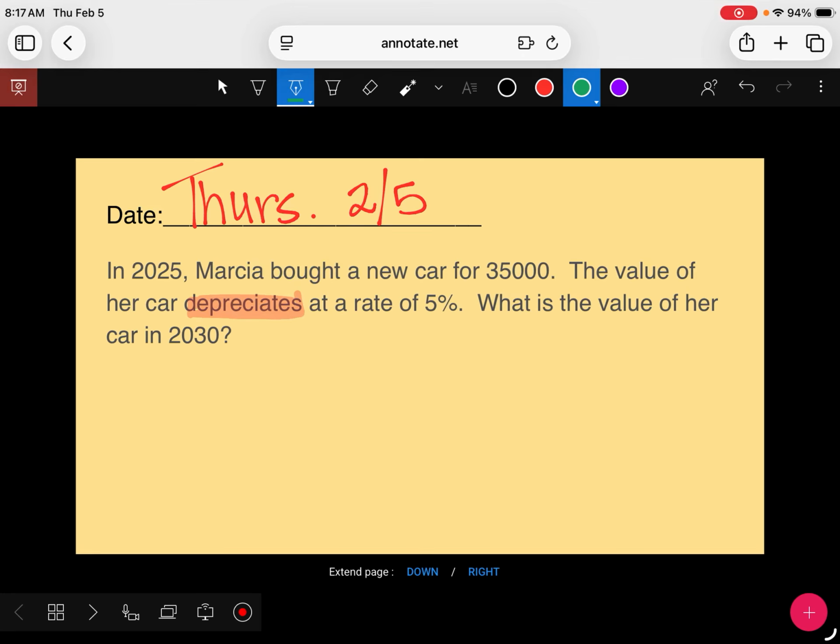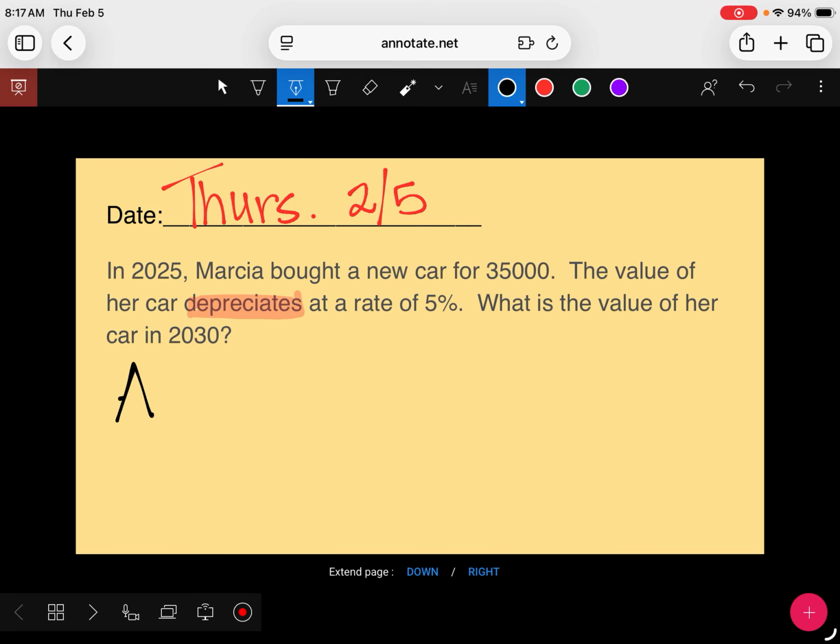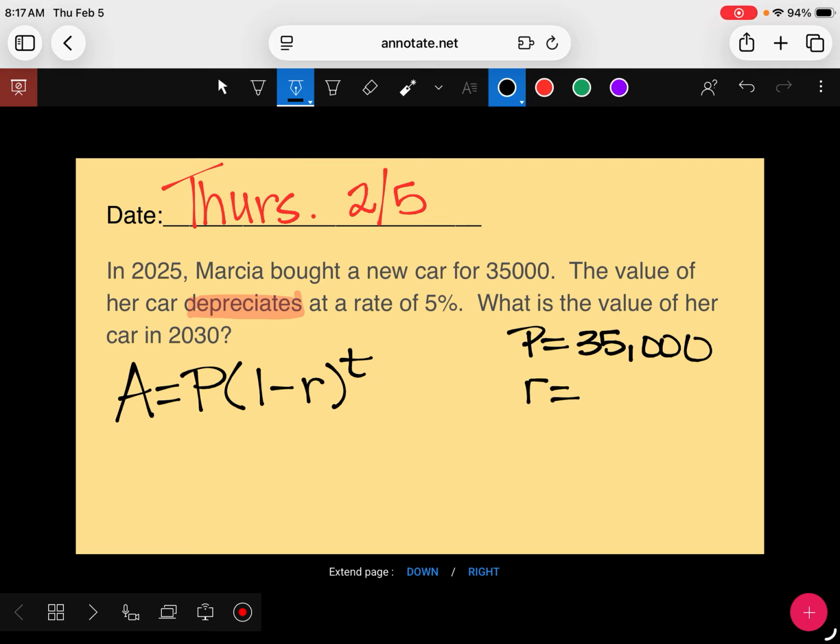Because it is decreasing, formula B is A equals P(1 minus R) to the power of T. In this formula, our starting value of the car was $35,000. The interest rate, this was the biggest mistake, is converting that to a decimal.